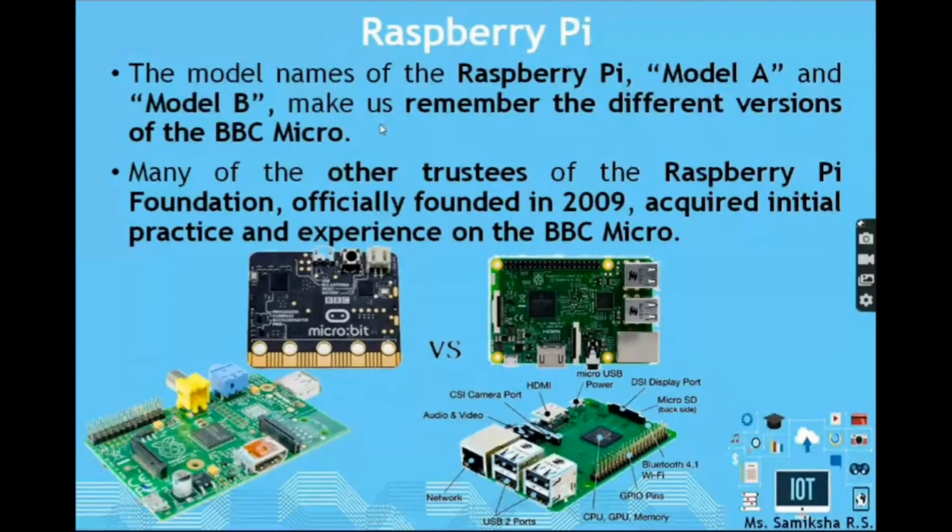These trustees also had bits and pieces of practice and experience because they were working on the BBC Micro project before they joined the Raspberry Pi Foundation. So of course they had some experience of how a small, cheap, yet powerful computer chip can be built, and they used that experience for the Raspberry Pi as well.